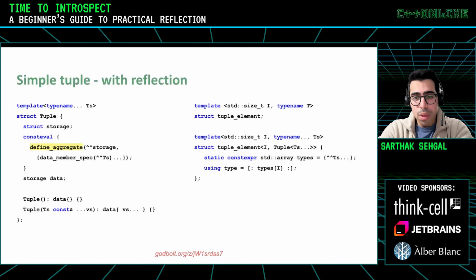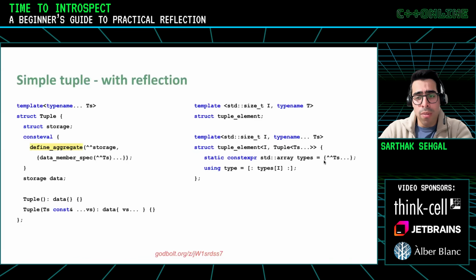And then similarly, for tuple element on the right side, in order to access the type of an element using an index to the tuple, what we can simply do is get the array of the reflection of type Ts. So tuple element takes in a tuple having type Ts.